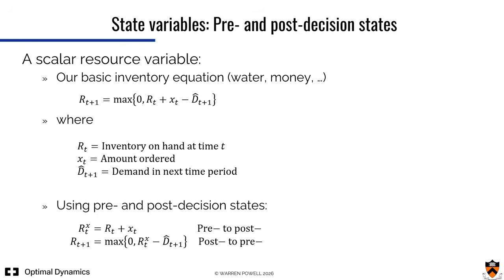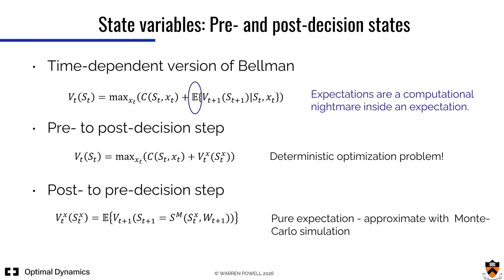And then going from post-decision to pre, I take the inventory after my new product has been added, subtract off the demand, and make sure it doesn't go negative. That then gives me my next pre-decision state. In the post to pre step, there's no decision making. There is a random outcome, D hat. So the first one has a decision problem. I have to determine x. And the second one has a Monte Carlo sampling or a stochastic problem.